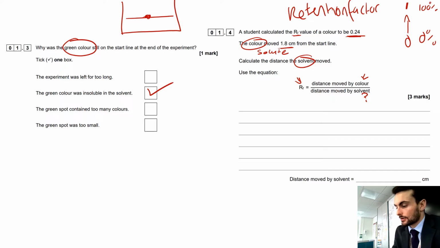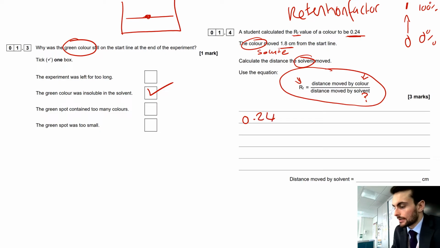Makes it a bit easier. So I'm going to rewrite this exactly in that order, but I'm just going to put the numbers in. So RF value was 0.24, equals, my colour was 1.8, so 1.8 over the distance moved by the solvent. I'll just write solvent. Okay, and we're trying to work out this.